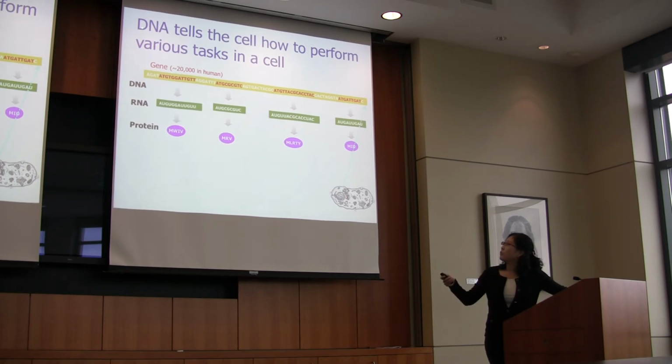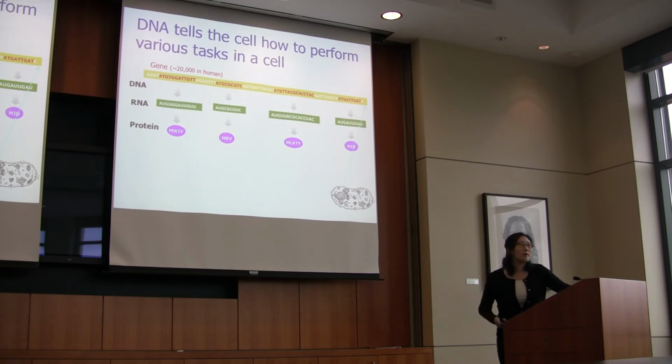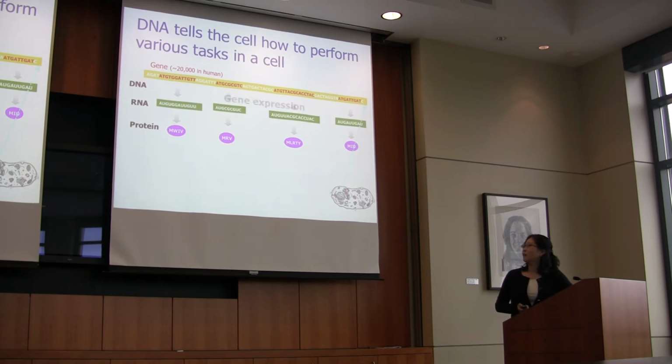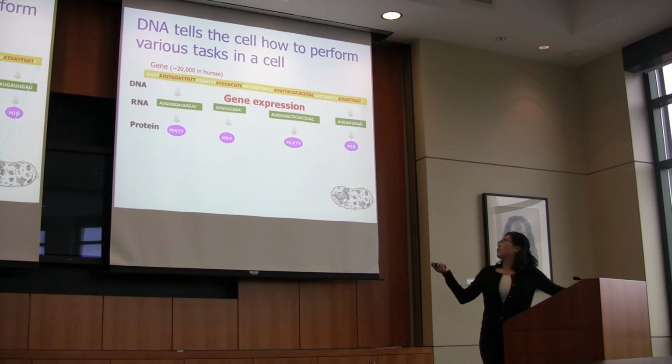RNA has exactly the same sequence as the DNA in the gene region. And the RNA is translated into protein. Proteins are the most basic functional unit in any biological process in a cell. This process is called gene expression, genes producing proteins.